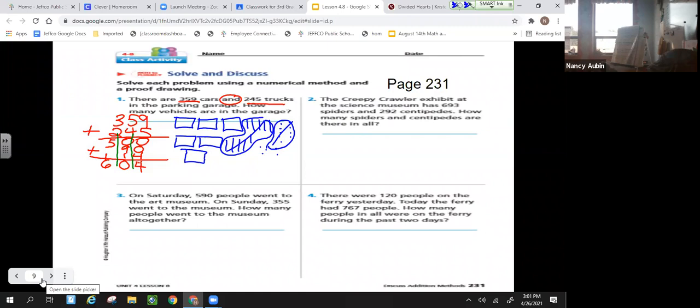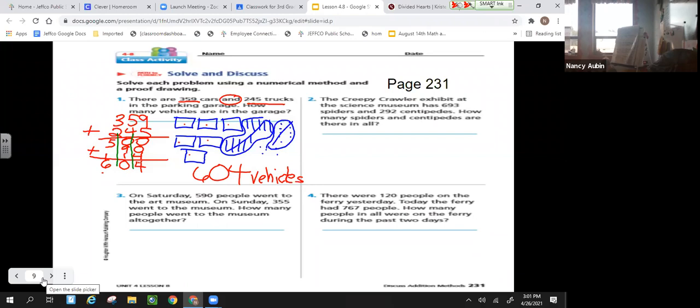Let's count it and see if it matches. 100, 200, 300, 400, 500, 600. 0 tens left. 4 ones. Did we do it? We did it. So there are 604 vehicles in the garage.